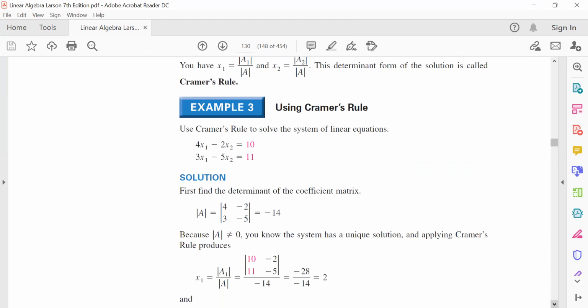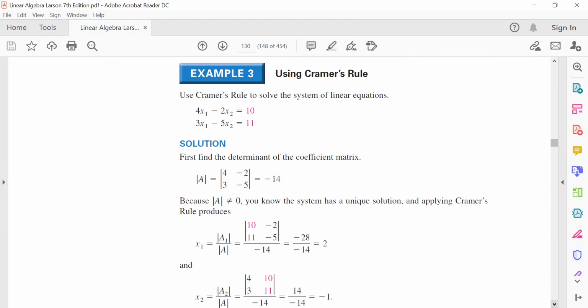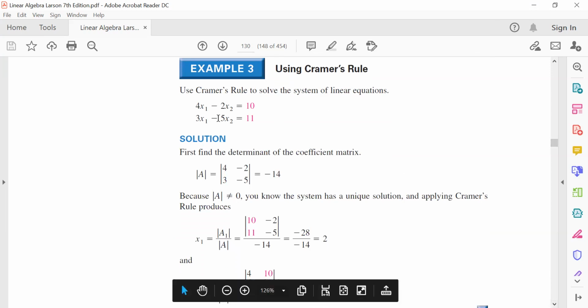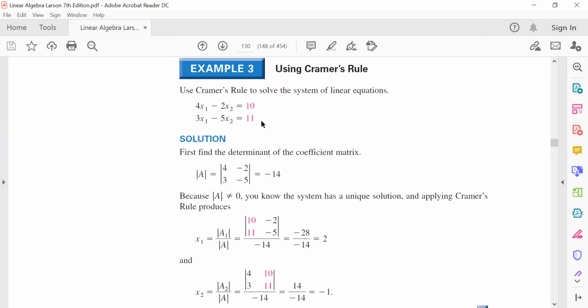So let's look at an example. We have 4x minus 2y equals 10, 3x minus 5y equals 11. Notice they say x1, x2 instead of x, y. That's why they do that, as I explained: if you have an equation with many variables, it's easier to just number the variables, not come up with different letters.